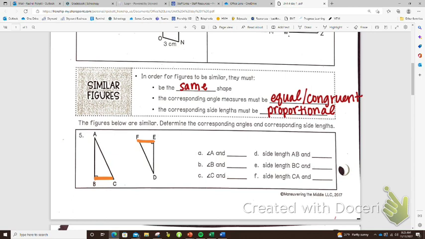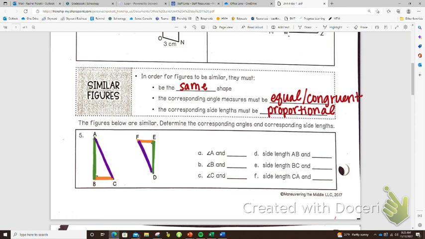And then we see that we have the long side, AB, matches up with the long side, ED. And finally, the diagonal, or if you're in honors, you know that that's called the hypotenuse. AC corresponds with FD.